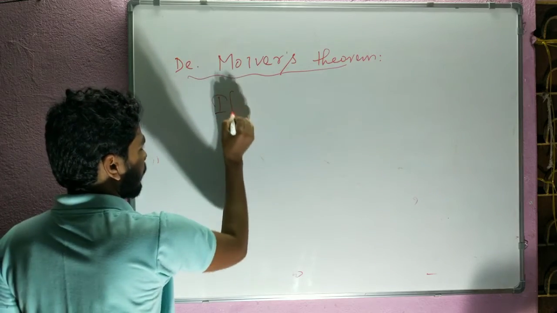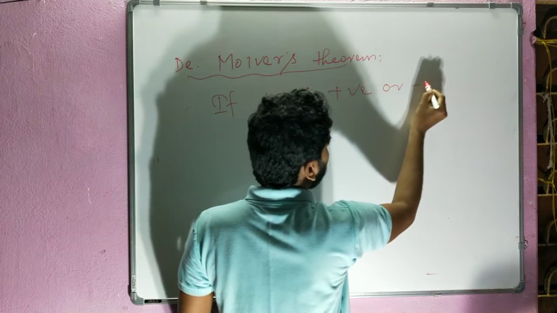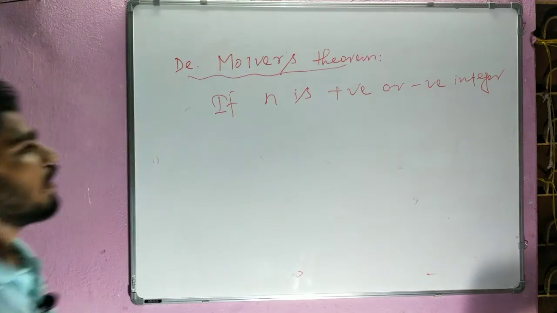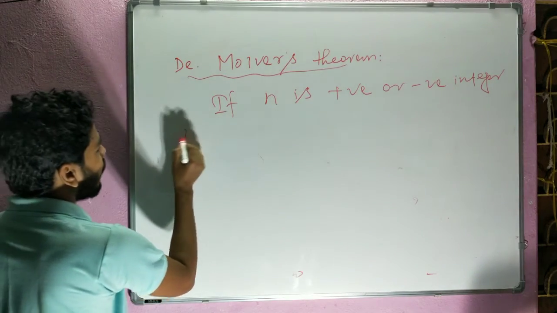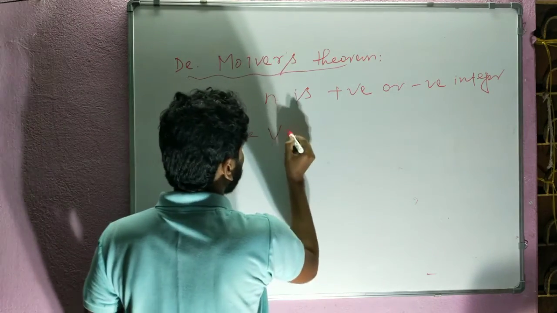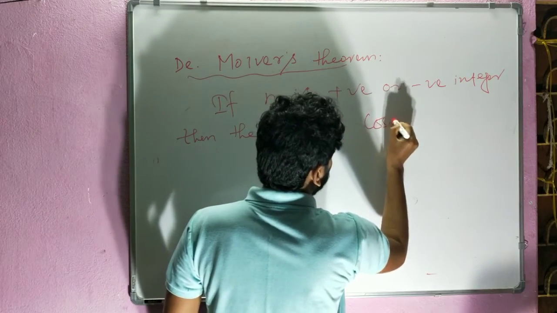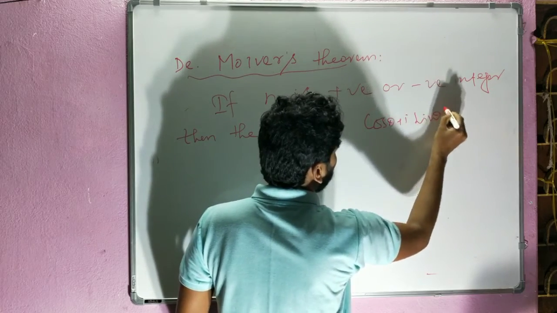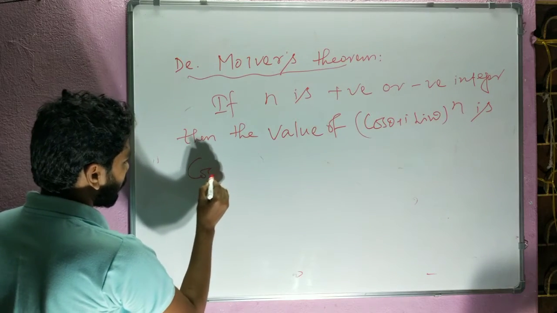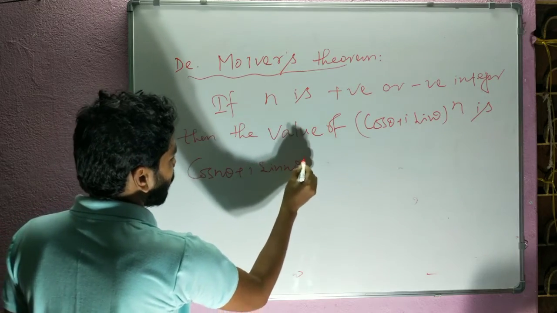If n is a positive or negative integer, then the value of (cos theta plus i sin theta) to the power n is cos n theta plus i sin n theta.